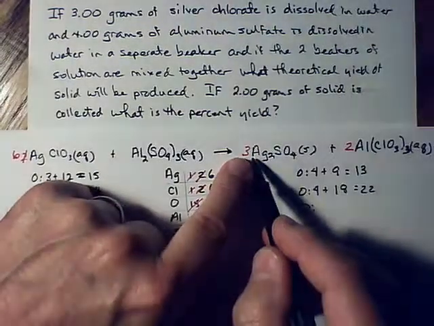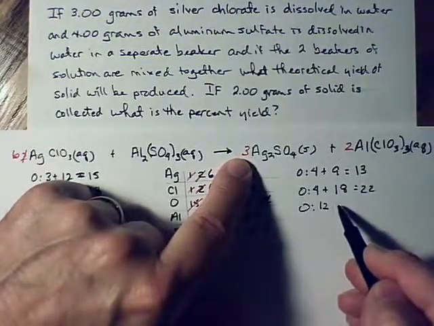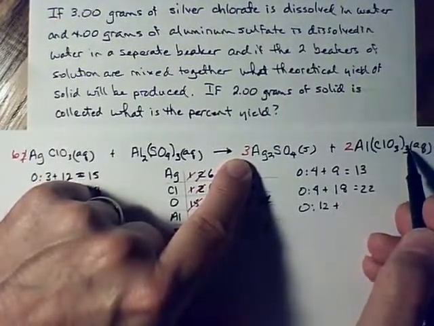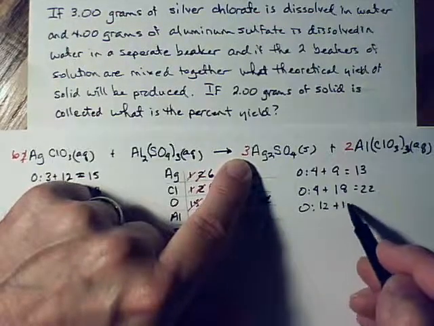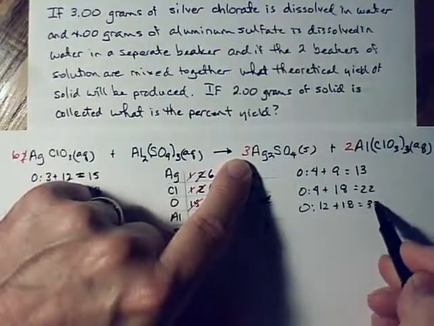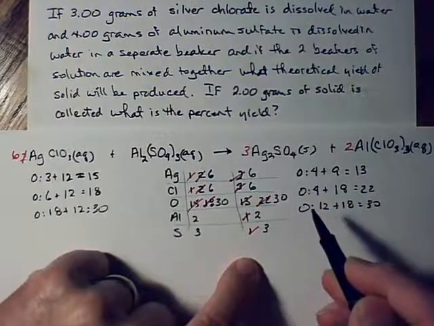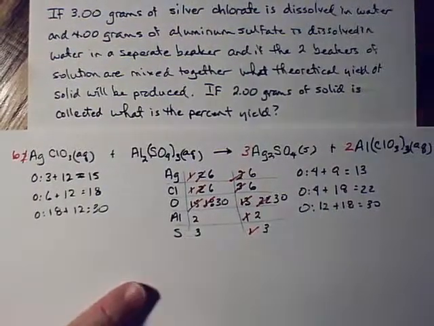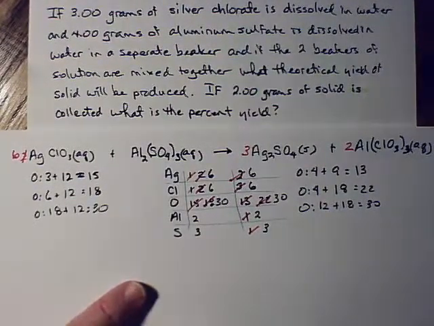And the oxygens, 3 times 4 is 12. So 3 times 3 is 9, times 2 is 18, 30 oxygens. All right? And looks like everything's balanced now. Does that make sense? So you probably just stopped 1 step too early.